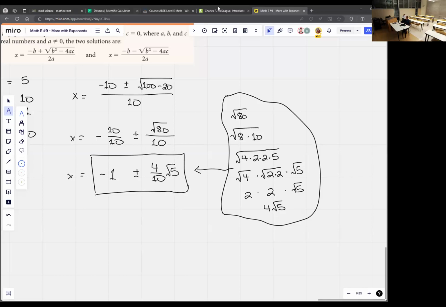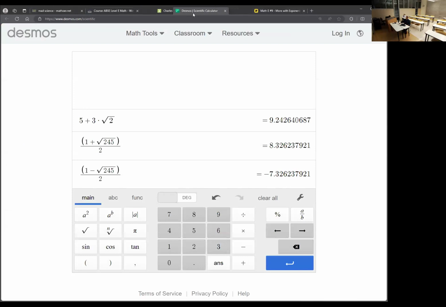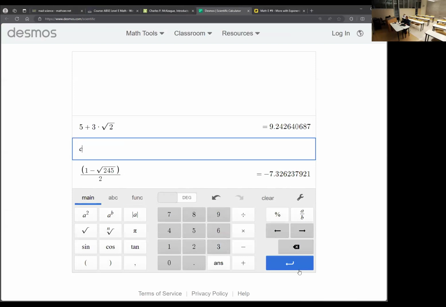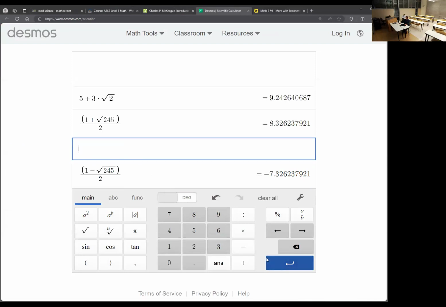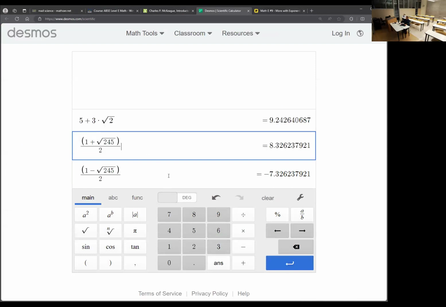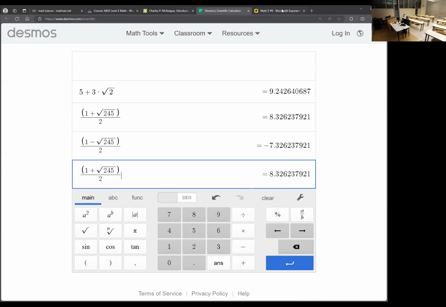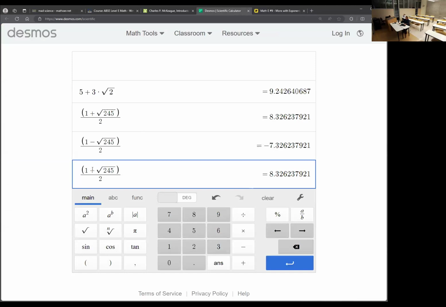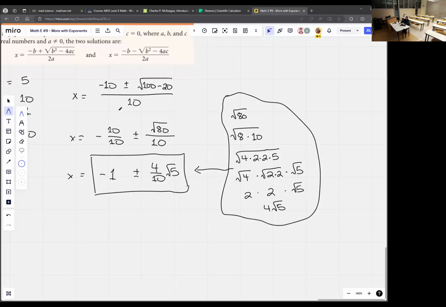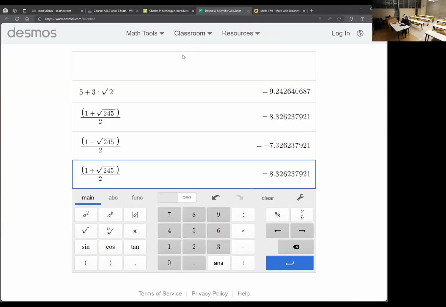If I wanted to use my calculator, I could do that. -1 plus or minus. I could even back up a step, because if I was doing this, why would I do 11? So let's go up to the top, -10 plus or minus square root of 80 over 10.